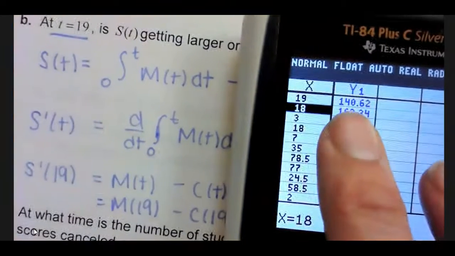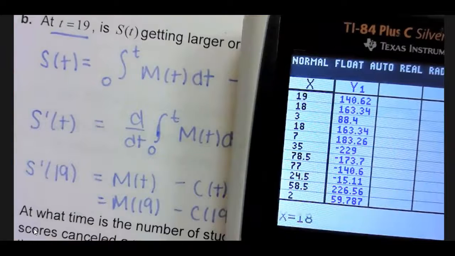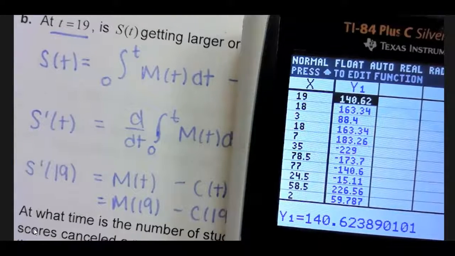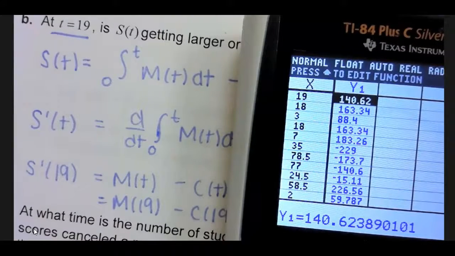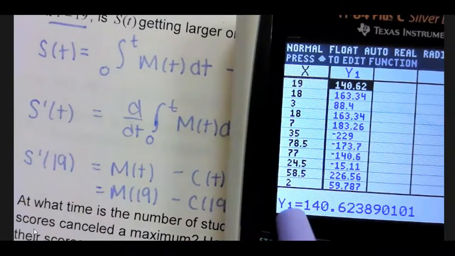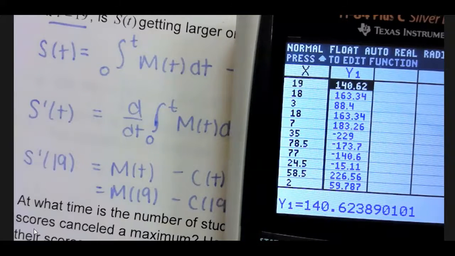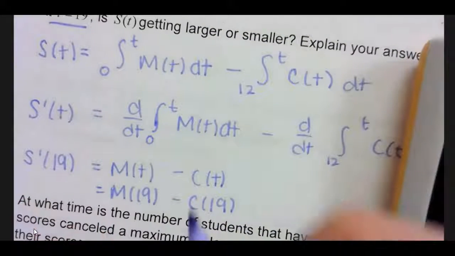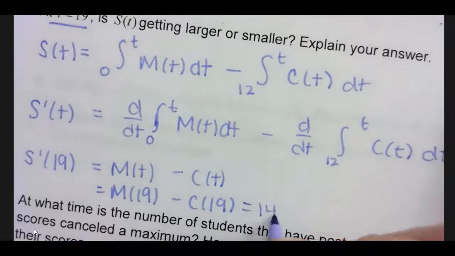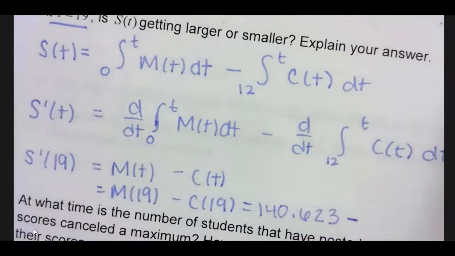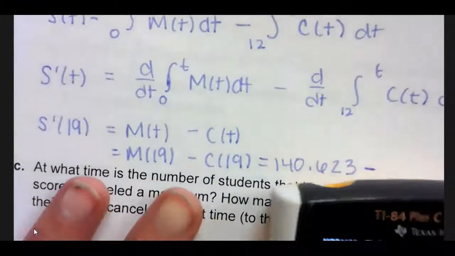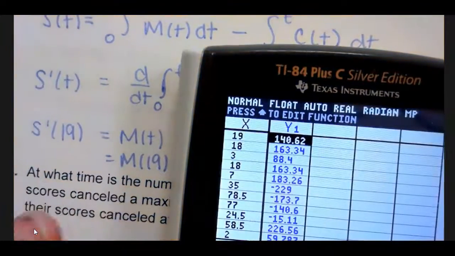And m of 19 is 140.62, and if you need all your decimals, you can just highlight that 140 and it puts them all at the bottom. So that becomes 140.623 minus, and then we'll have to plug in c of 19.